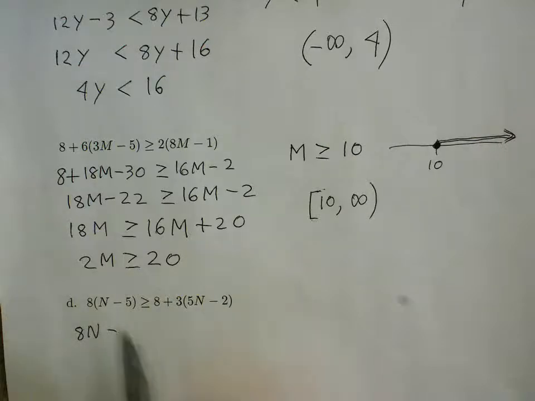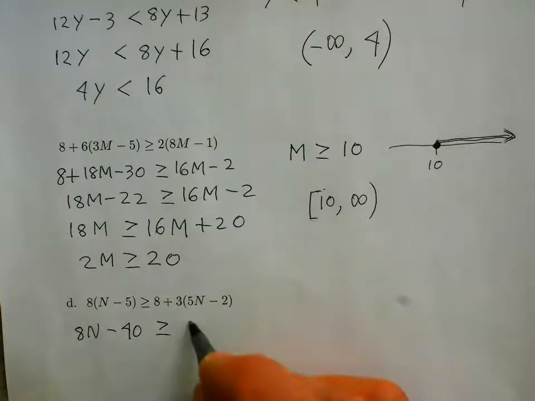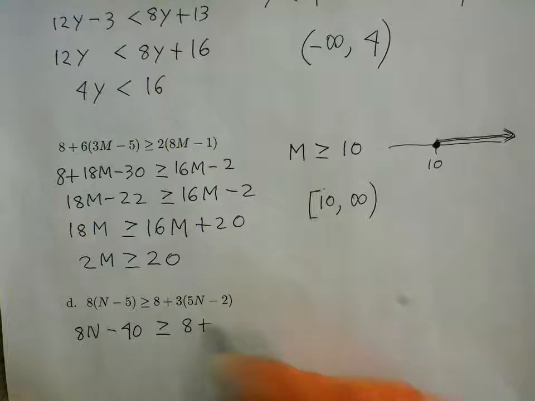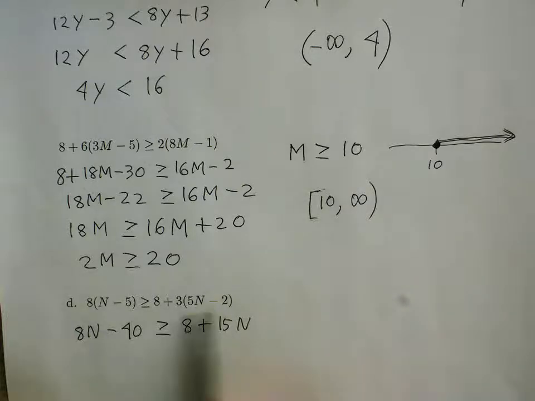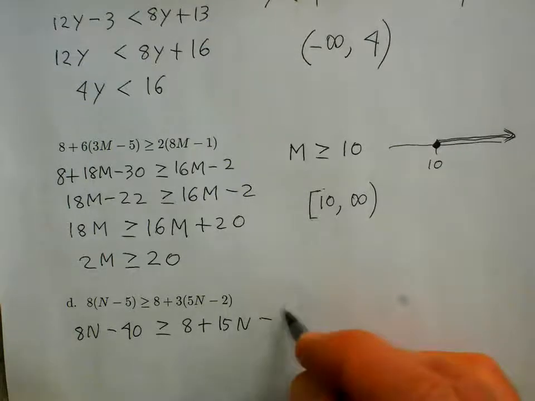And then we're subtracting 8 times 5, so we're subtracting 40. On the right-hand side, we have to multiply 3 times 5n minus 2 first. So we write 8 plus, and then 3 times 5n is 15n. And then we're subtracting 3 times 2, we're subtracting 6.